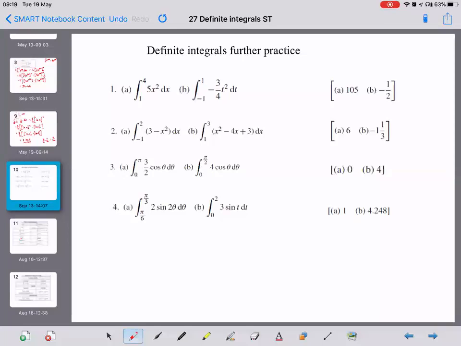Well, there's actually 8 examples because there's 2 in each question for you to have a go at on your own. Give me a shout if you get stuck, and we can always go through. The answers you should get are in the brackets, on the right. So I'm going to pause the recording and give me a shout if you're struggling.